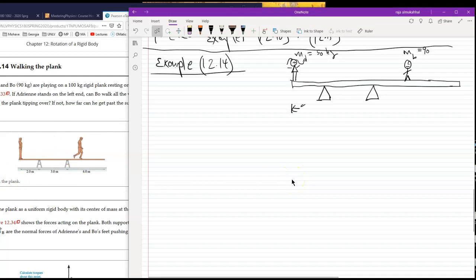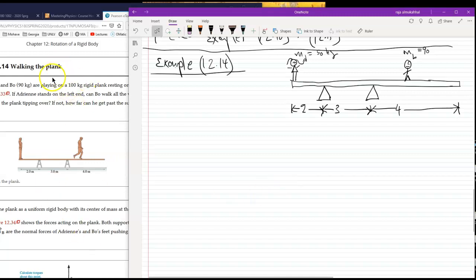Those dimensions are important. The distance between the two supports is 3, and then the rest of it is 4. Now another thing, he says that the mass of the plank is 100 kilograms.